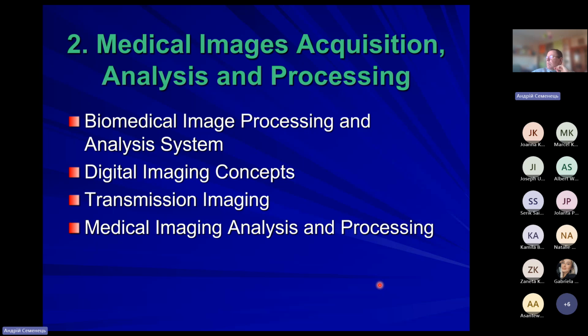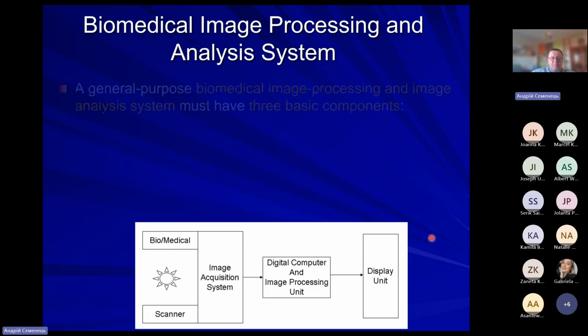Then we need to understand what digital images are. And then I will spend a few points on types of transmission imaging devices used to perform acquisition of medical images, and more attention will be given to some background theory for image analysis and processing.